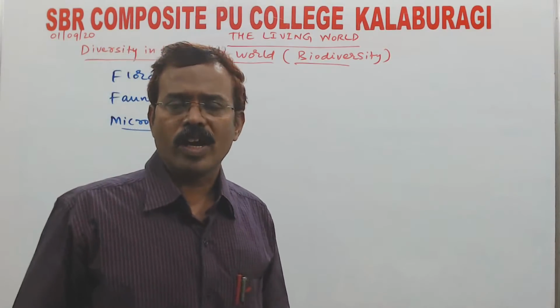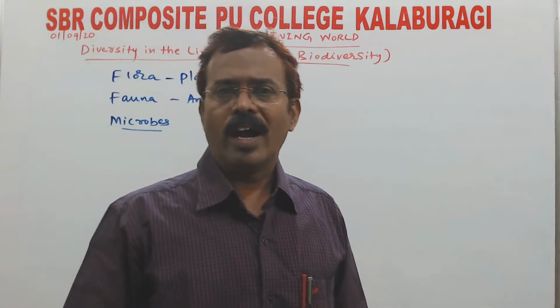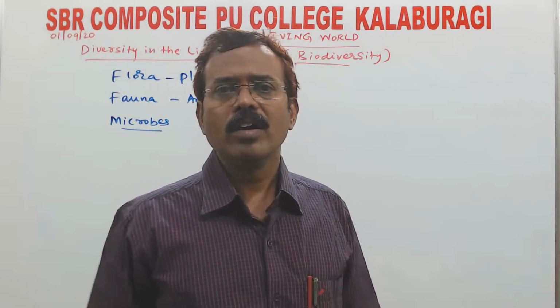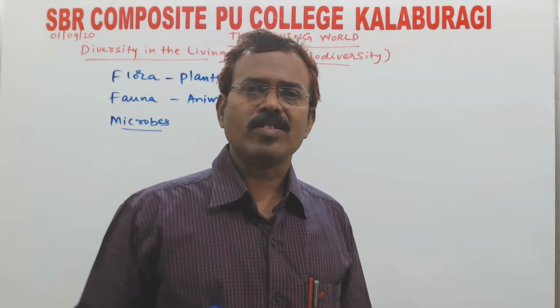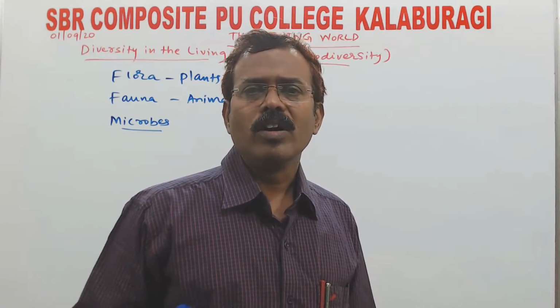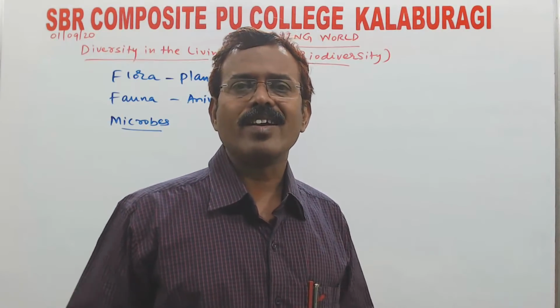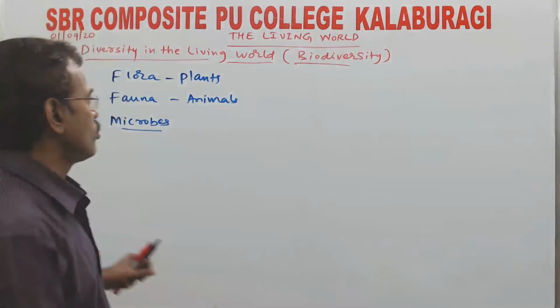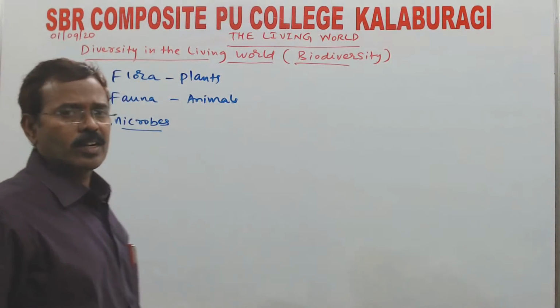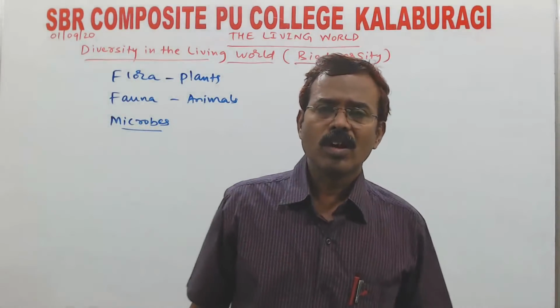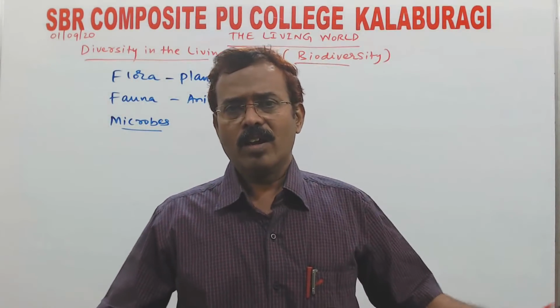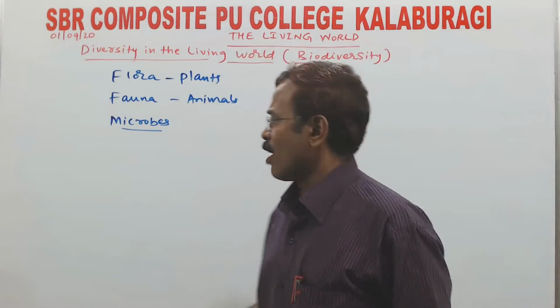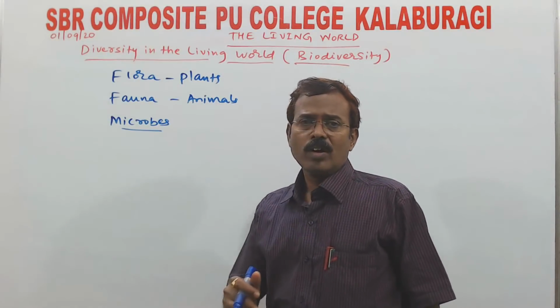We have a variety of habitats: hydric habitat, that is water; then mesic habitat, wet conditions; then xeric habitat, very dry conditions, desert-like conditions. So different living beings are found in different habitats.